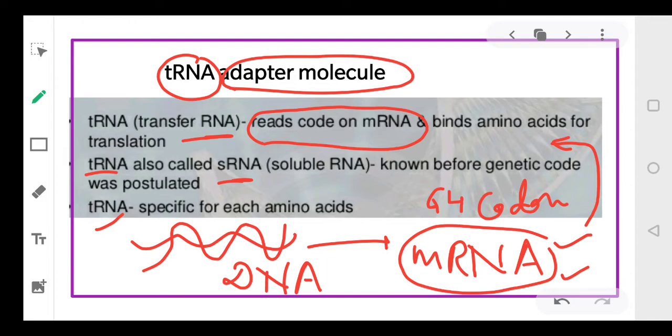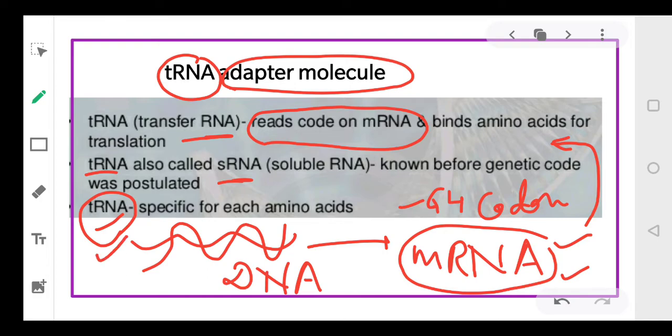So for each amino acid there is a specific tRNA, right? And one amino acid can be coded by more than one codon. We have talked about proline, isn't it? I hope you remember the examples. So there are in total 20 amino acids, and for each amino acid there is a separate tRNA molecule, right?